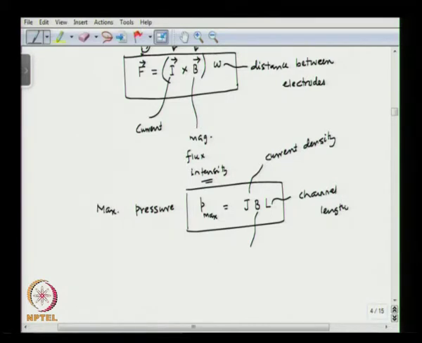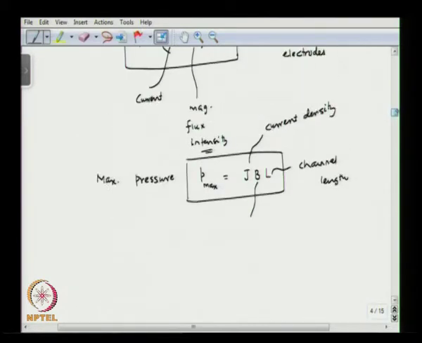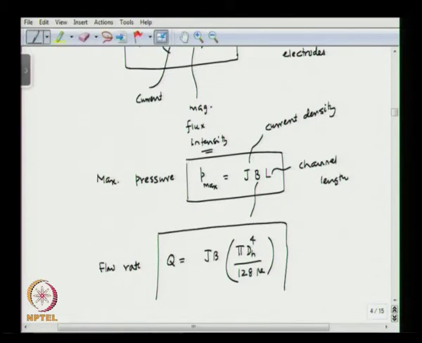And the maximum flow rate Q can be defined as J into B into pi dH to the power 4 divided by 128 mu. So that is the expression for the flow rate.